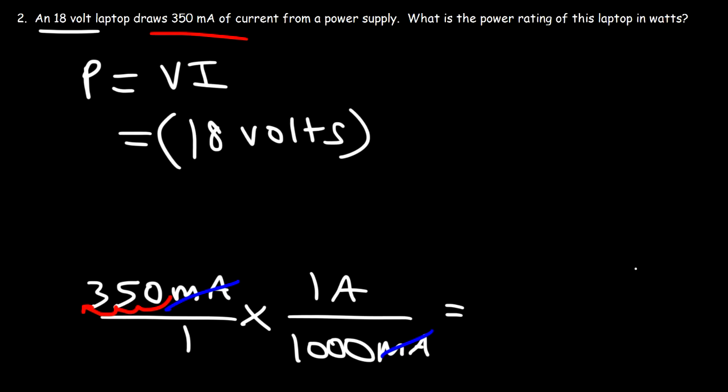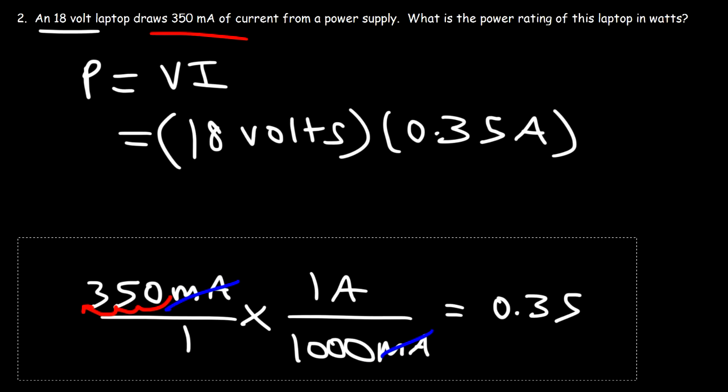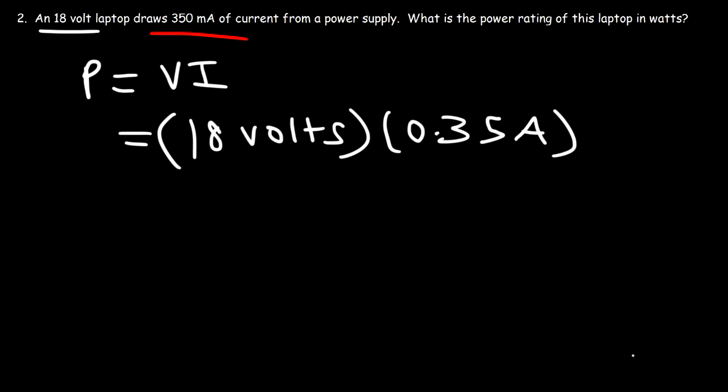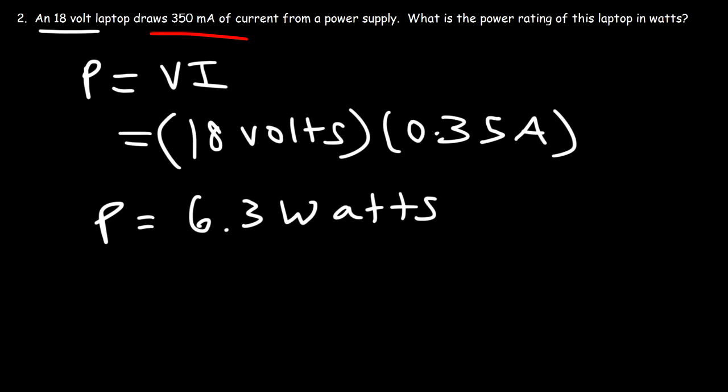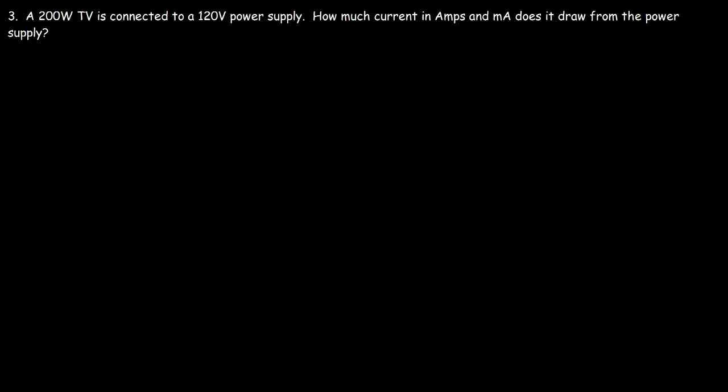So 350 divided by 1,000 is 0.35. So the current is 0.35 amps. So all we need to do now is multiply 18 by 0.35. And so the power consumed by this laptop is 6.3 watts. So every second, the laptop absorbs 6.3 joules of energy.